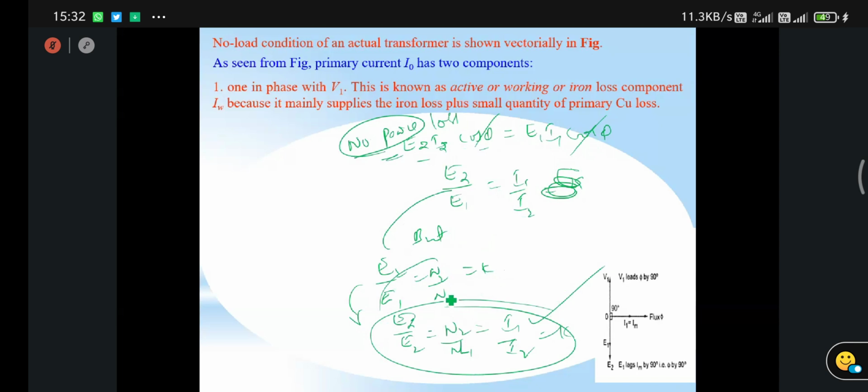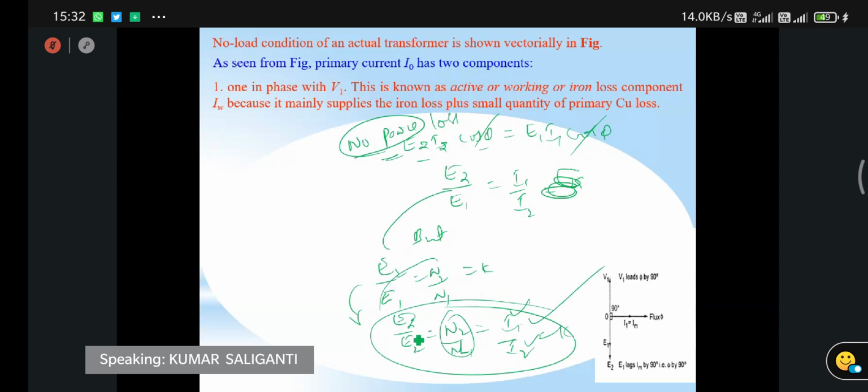Hence the primary and secondary currents are inversely proportional to their respective turns, or respective induced EMFs of primary and secondary.